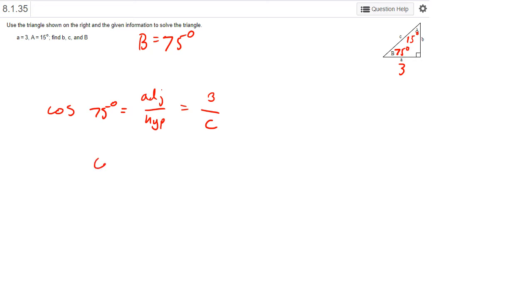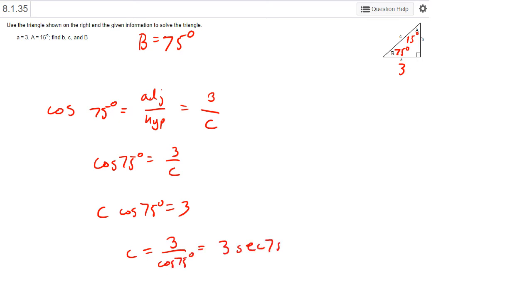So I have the cosine of 75 degrees is equal to 3 over c. And if I cross multiply, c times the cosine of 75 degrees equals 3, or c is equal to 3 divided by the cosine of 75 degrees. If you prefer, you can call this 3 times the secant of 75 degrees. So there is our side length c. It is 3 times the secant of 75 degrees, or 3 over cosine of 75 degrees, both totally fine.